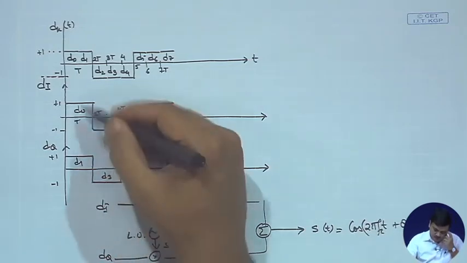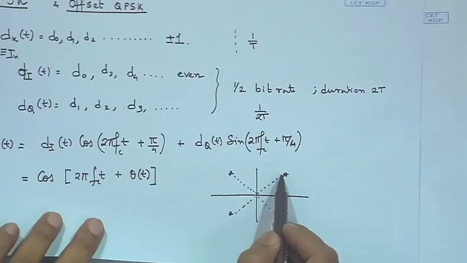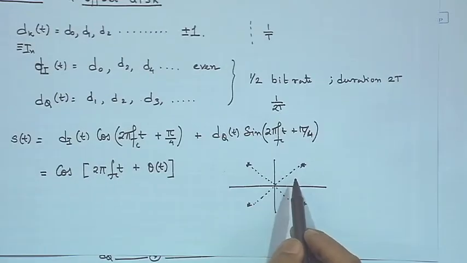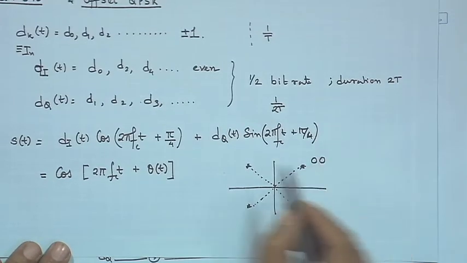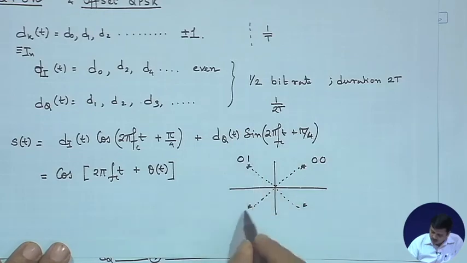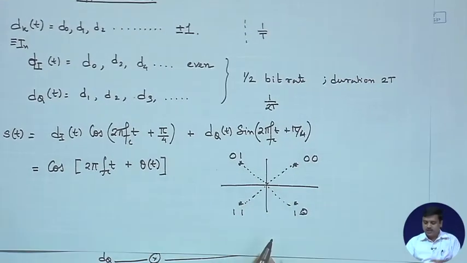So, if we see these signals, this is selecting these 4 phases, and you could mark these 4 phases with a choice of bit sequences 0 0, 0 1, 1 1, 1 0 for instance, let us say.